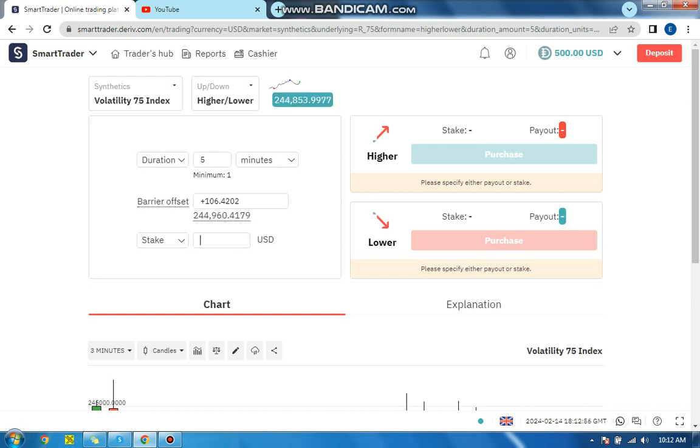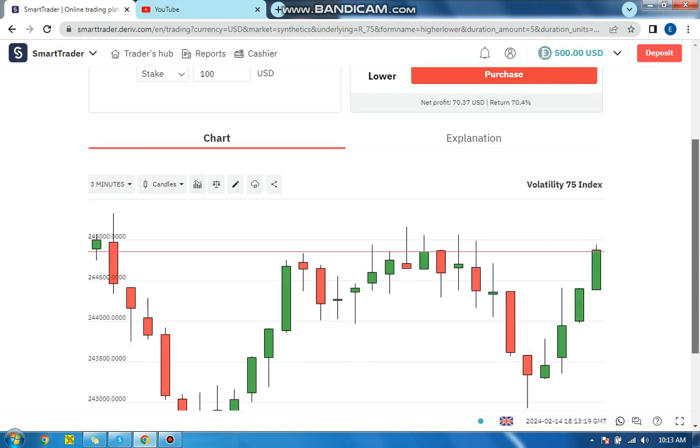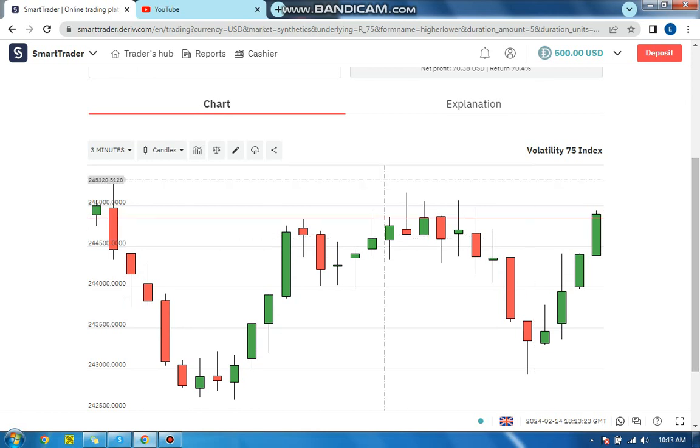Okay, you have to see where the trend of the market is, and according to that we will take our trade. So we are going to take the stake. The first stake is going to be $100. That is going to be our stake amount, and from this point onwards we just have to go down over here and wait for the trend.